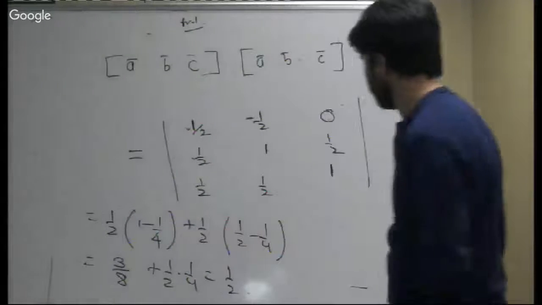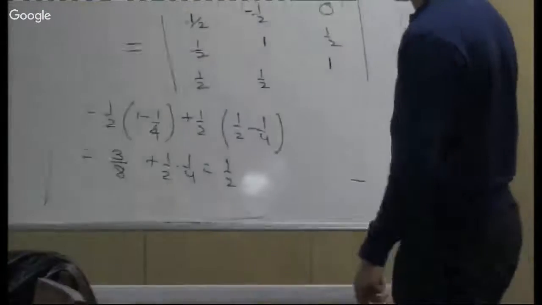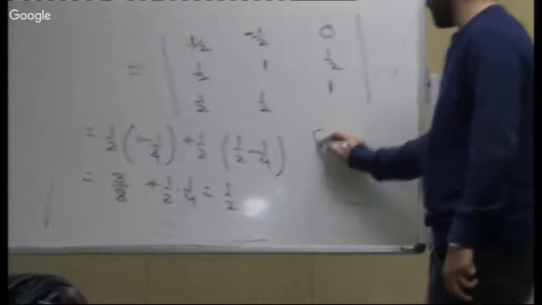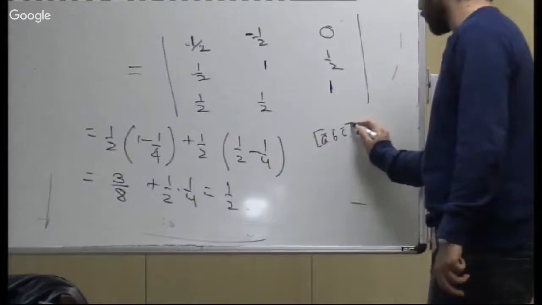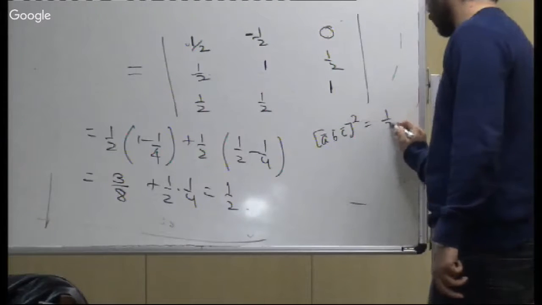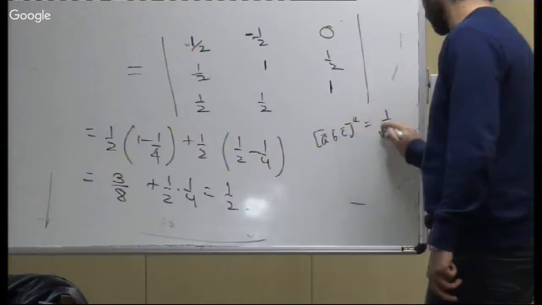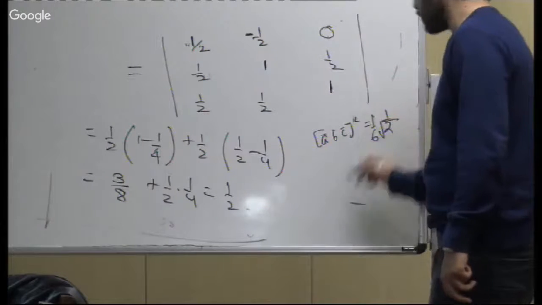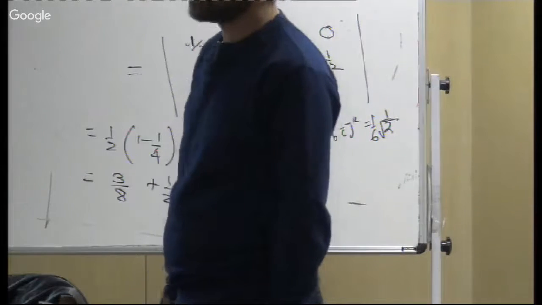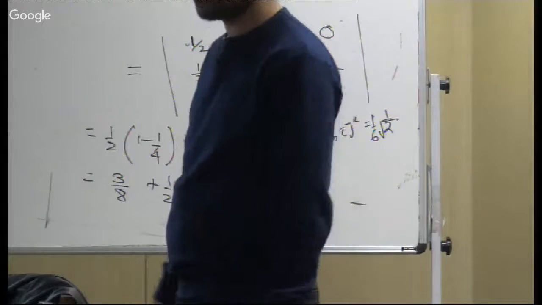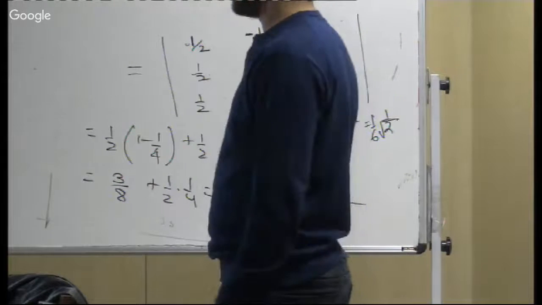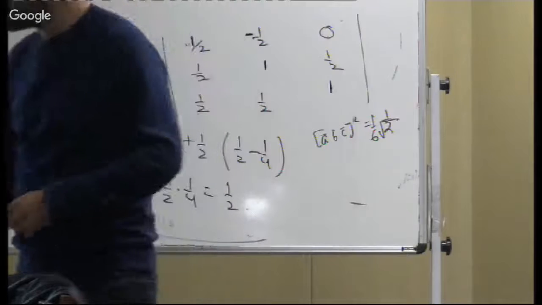That is 1 by 8 plus 3 by 8, which is 4 by 8, half. So your [A B C] square is half, so [A B C] is 1 by root 2, and the answer is 1 by 6 root 2 h cube, because we had taken h out. Clear or not clear? Very easy. So we actually used that identity.